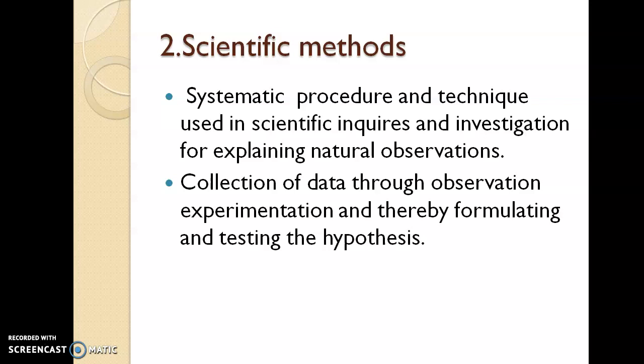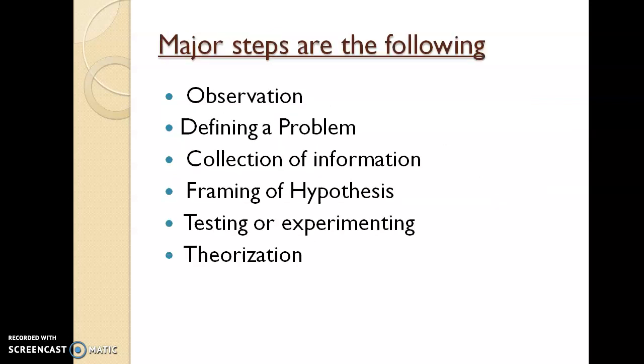Okay, so this is the general introduction of what is meant by scientific method or scientific investigation, right? Then how can we do a scientific investigation? These are the different steps of scientific investigation or scientific inquiry.